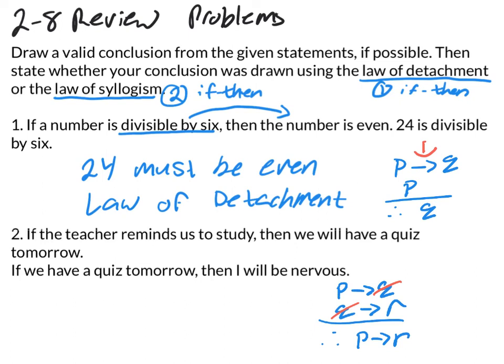So let's see here. Here's our middle statement. We will have a quiz tomorrow. We have a quiz tomorrow. They are the same. So what we can do is go ahead and just cross them right out. What we're left with is our valid conclusion.